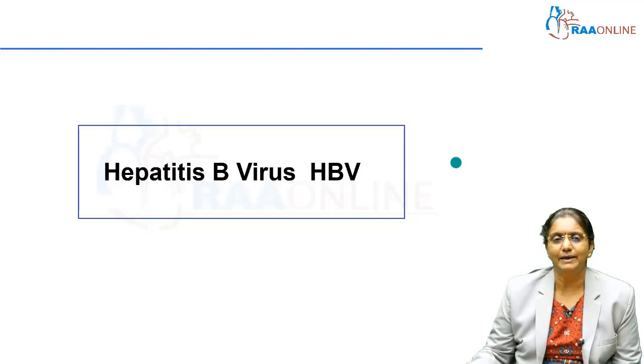So hepatitis B leading to hepatocellular carcinoma is an example of a vaccine preventable cancer, in case you are asked in your viva. Another vaccine preventable cancer is human papilloma virus, which causes carcinoma of the cervix. For that also we have a vaccine now.